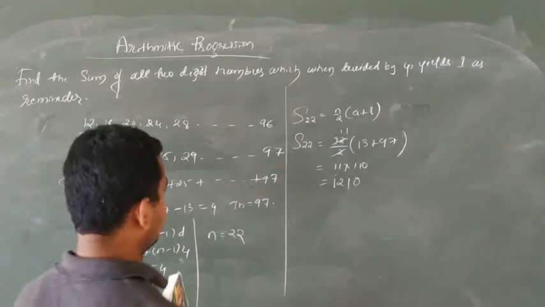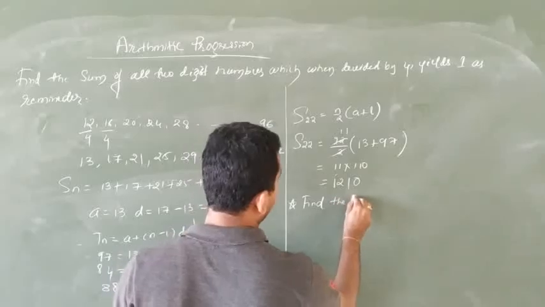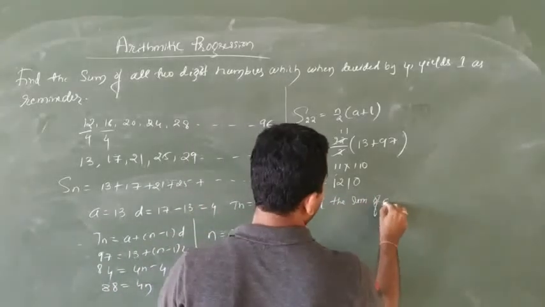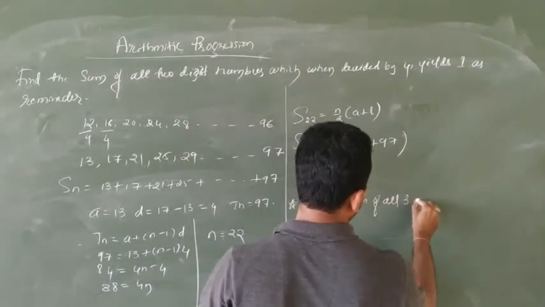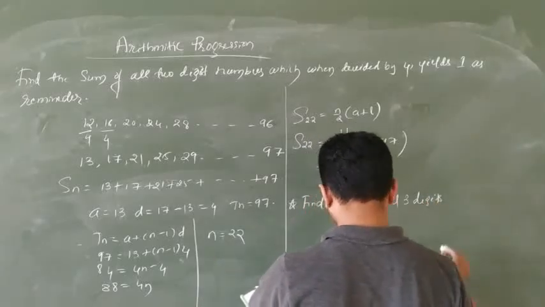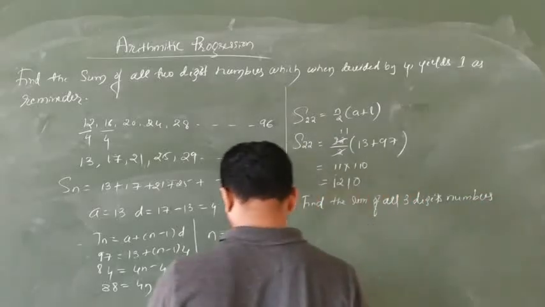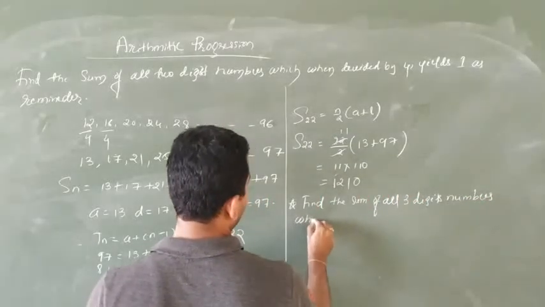Find the sum of all 3-digit numbers which are divisible by 9.